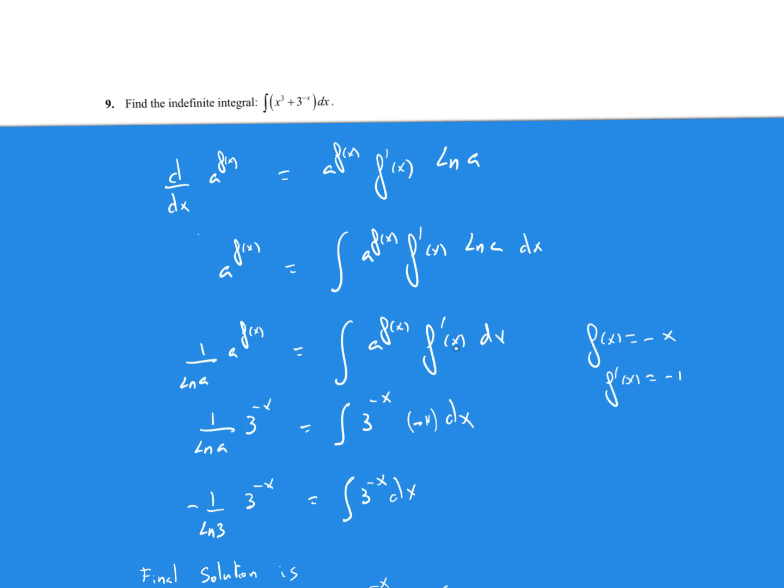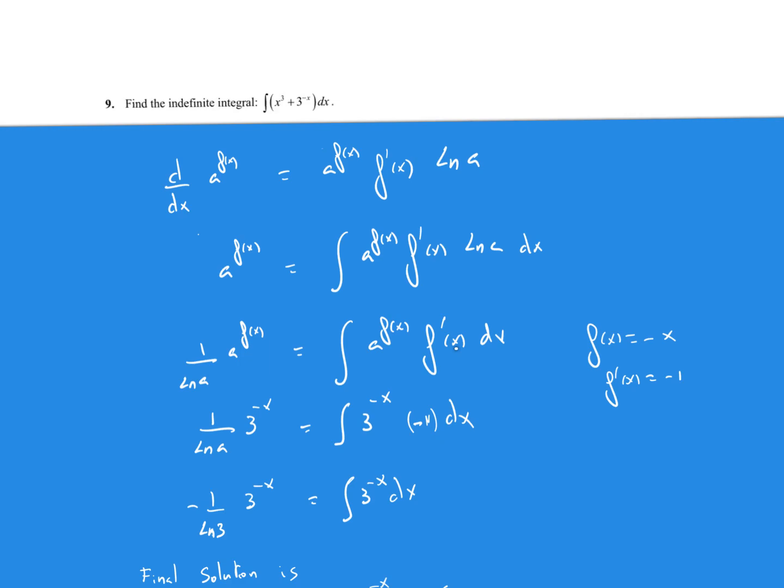So the equation will be 1 divided by the natural log of 3, times 3 to the minus x, will be the integral of 3 to the minus x times f prime of x, minus 1, dx. So this minus sign will go to the other side. So the integral of 3 to the minus x dx, that is what they are asking me here, will be minus 1 divided by the natural log of 3 multiplied by 3 to the minus x.